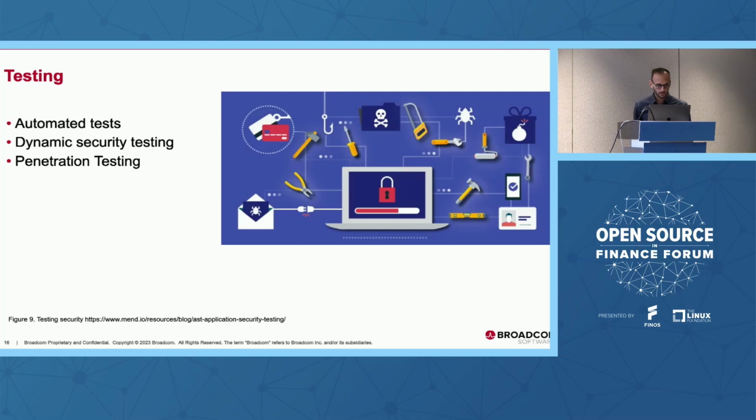Then there is dynamic security testing, also called black box testing. There are very convenient tools available as GitHub Actions, for example, that you can just use and run against your web page.